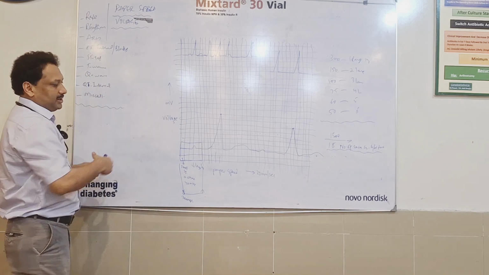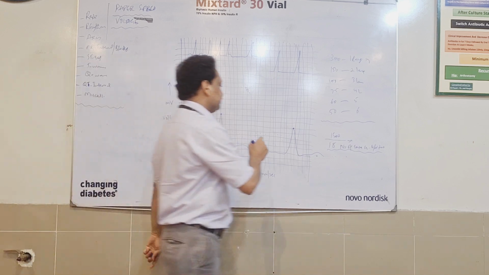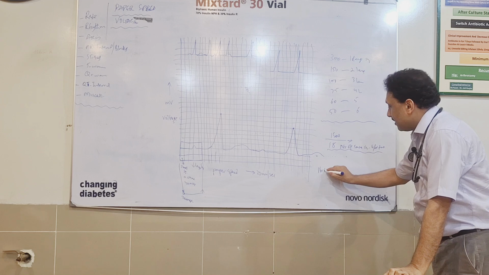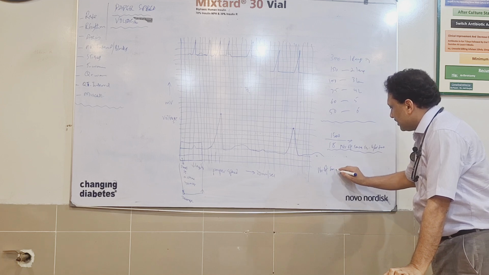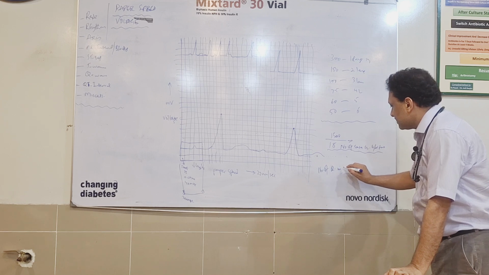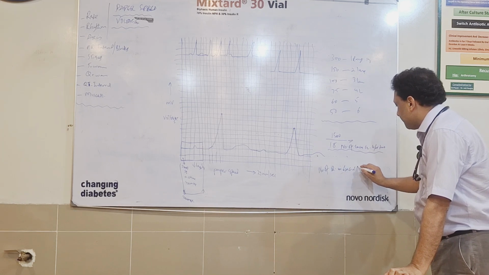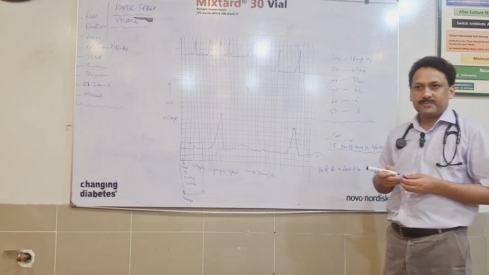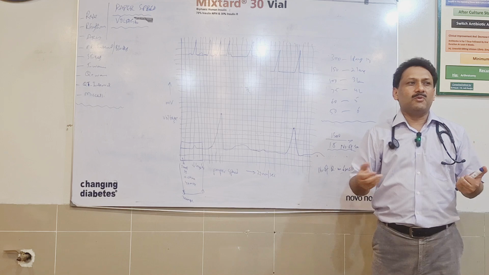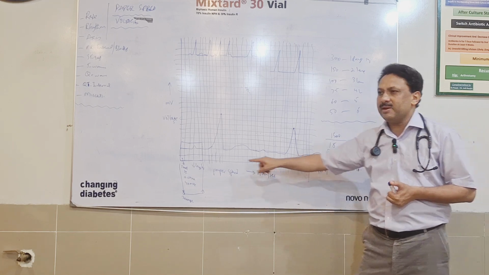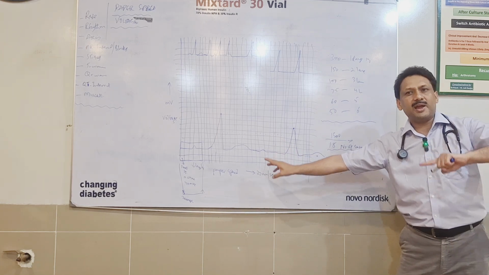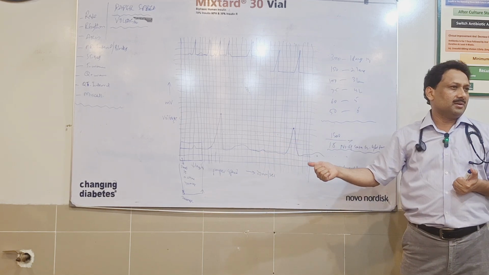So then how will we calculate the rate? For this situation, we'll calculate it as the number of R in 6 seconds multiplied by 10, and you will calculate the rate. And if anybody asks you what you understand by 6 seconds, 1 second means 5 large squares, as I have told you earlier. 6 seconds means 30 large squares.